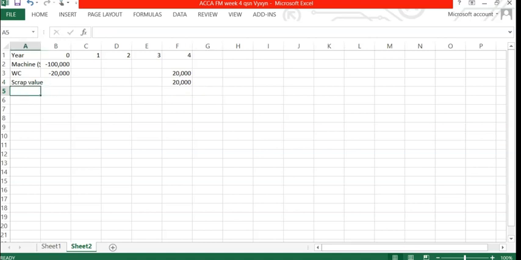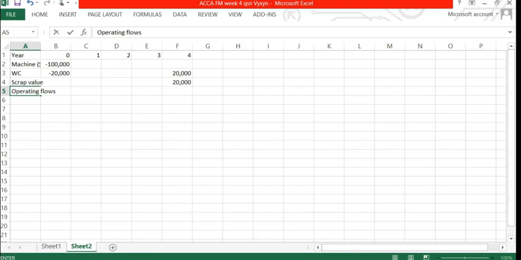And then let's talk of the operating cash flows. These start in year one, for the first 2 years.